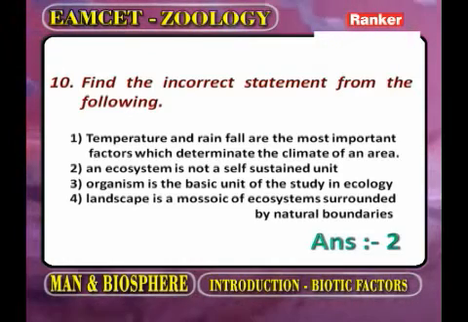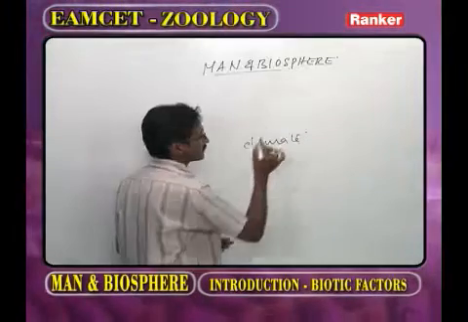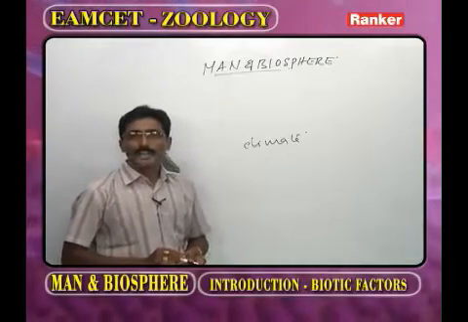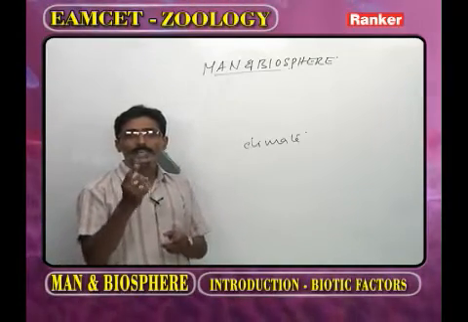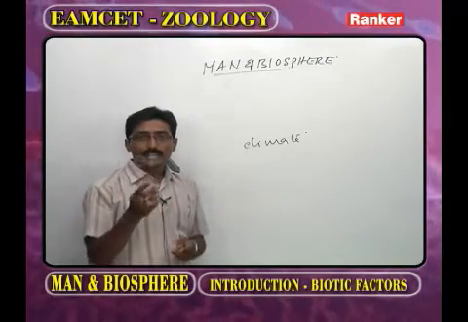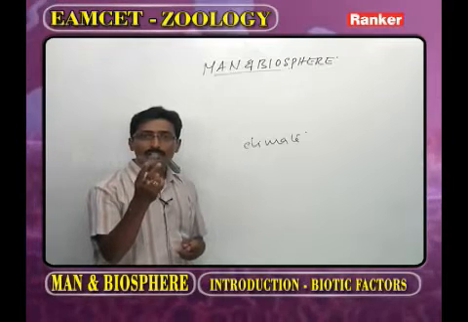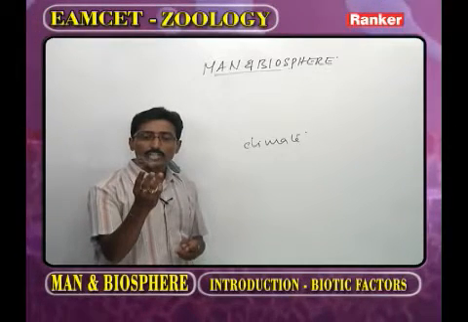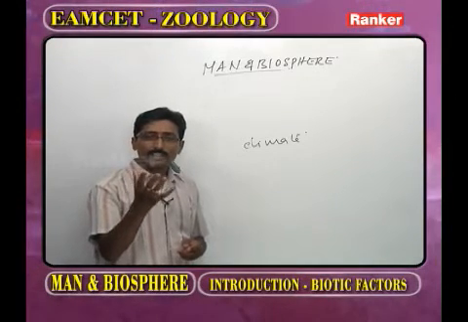Now as we observe the climate, what is meant by climate? It is an assemblage of temperature, light, humidity, rainfall, etc.